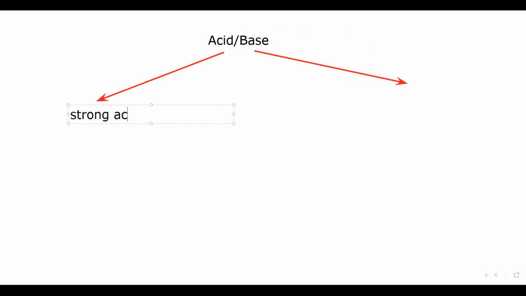Then what is the concept of strong acid and strong base, or weak acid and weak base? The acid or base can be a strong acid, or it can be a weak acid or weak base. What is the concept of strong acid?